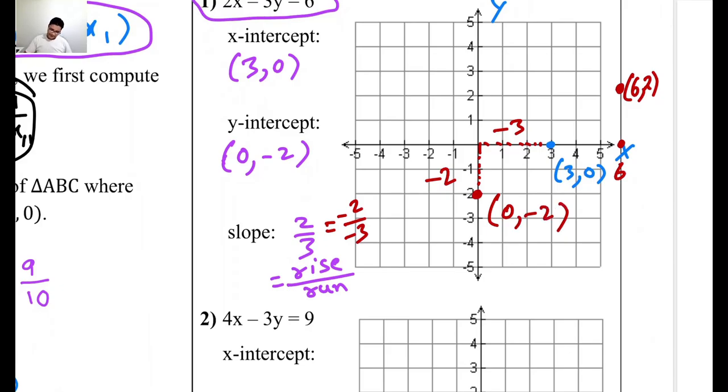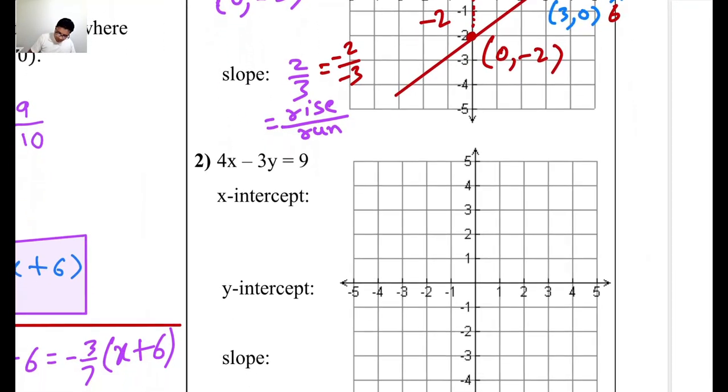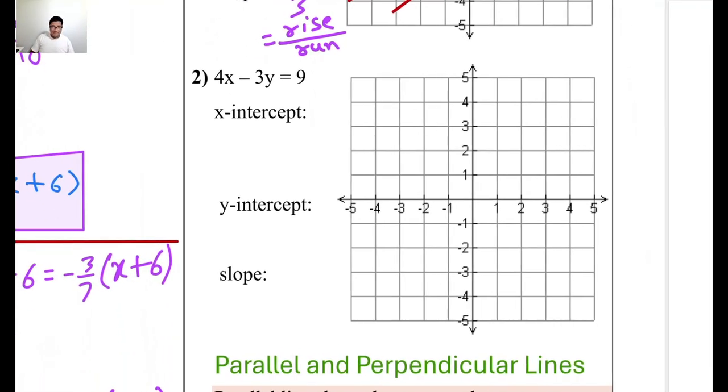Take any one of these points and then join those 2 points, that's your line. Very good understanding. Pause the video, go ahead and solve this next problem. Find the x-intercept, y-intercept, the slope, and then sketch the graph of the line, and then check with me.